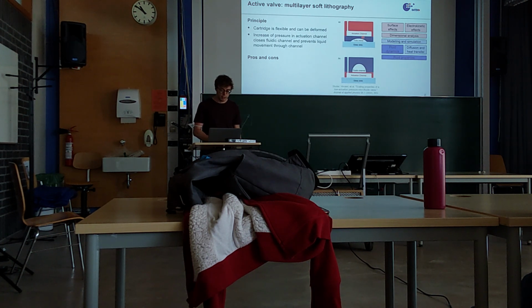By making use of this actuation chamber, you can deform the chip and fully press the blue material onto your glass slide. Then you have a closed contact, and obviously liquid can't move through your channel anymore. And that's why they work with this circular shaped form.